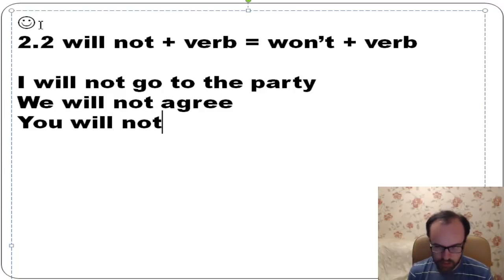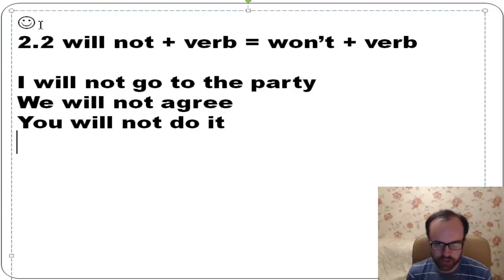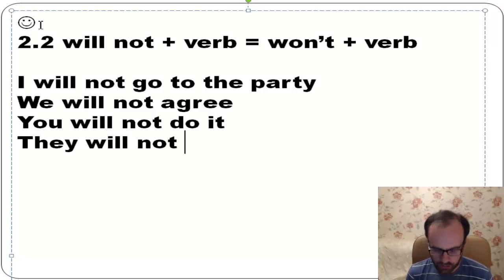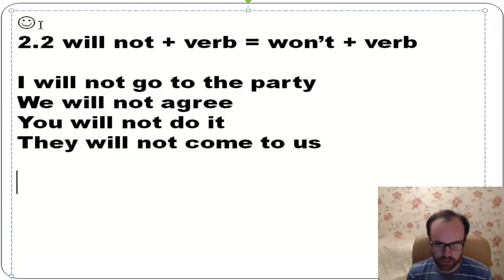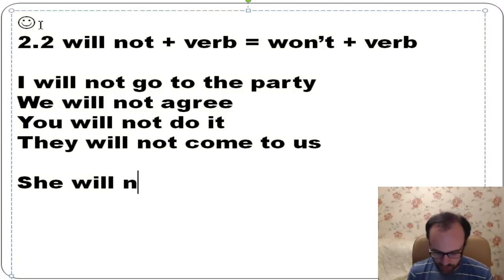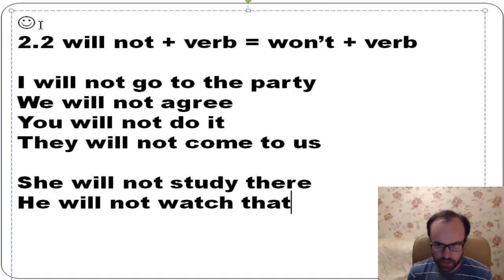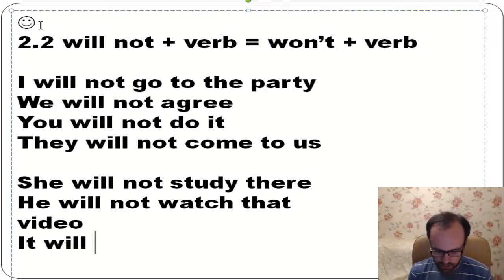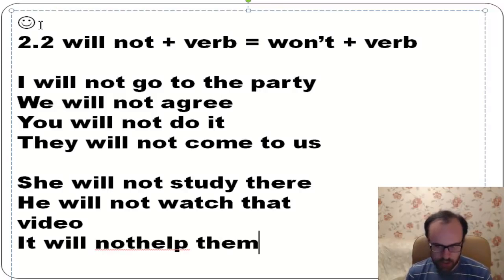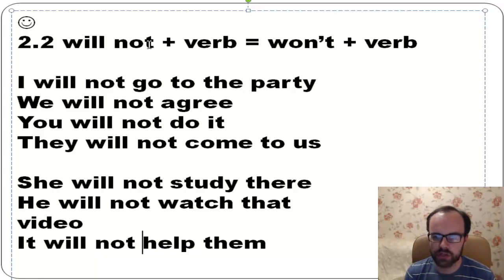You will not do it. They will not come to us. She will not study there. He will not watch that video. It will not help them. So you see, will not plus verb.